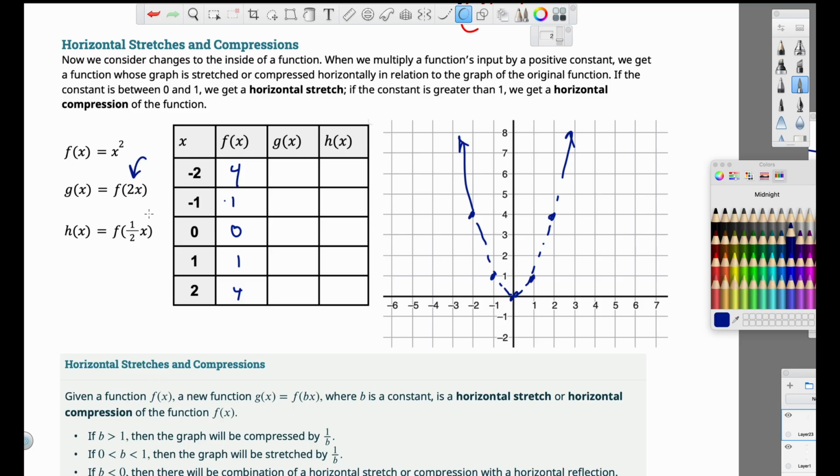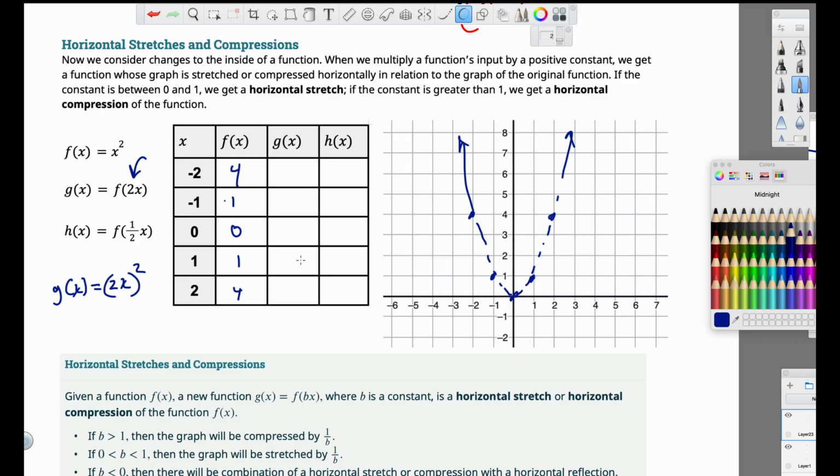It's not outside, it's not 2 times f of x, it's f of 2x. So this is going to affect what our inputs do within the function itself. So what's happening here is we're saying g of x equals 2x, this whole quantity, squared, okay?